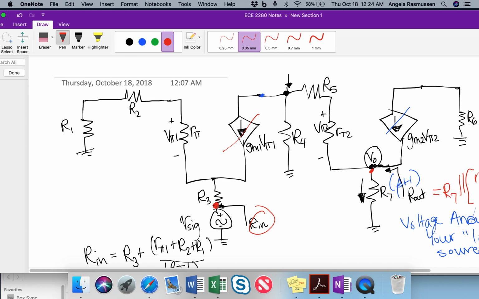So again, we're going to be at the source location. So that is the emitter side. So again, we would do over beta plus 1. And then this would just be a voltage divider. And so we would have V pi 1 would be a minus Vsig times this over the summation of all of them.